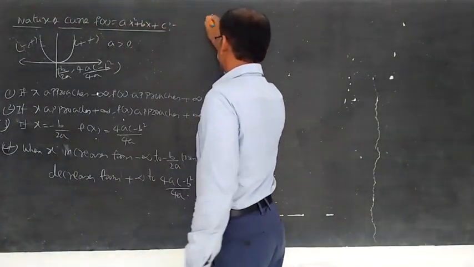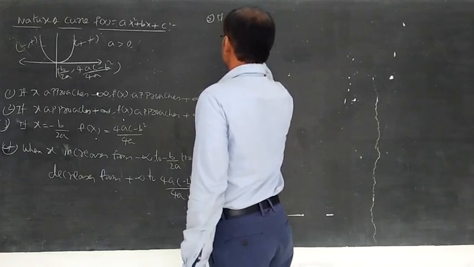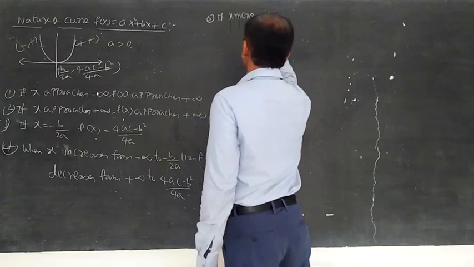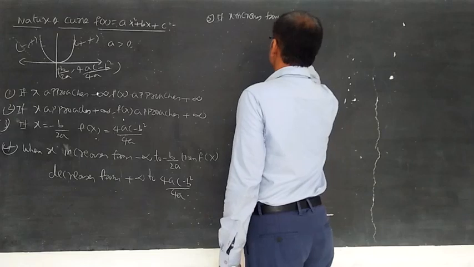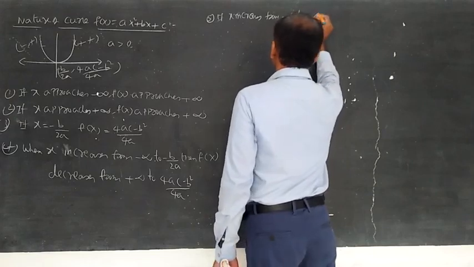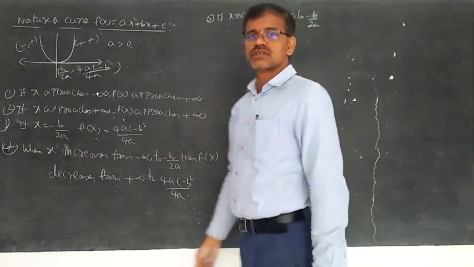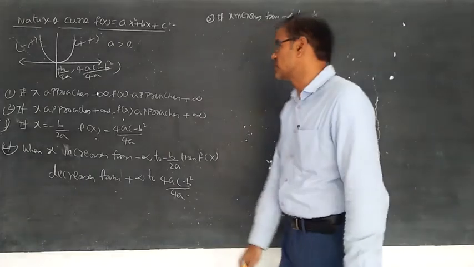Fifth point: if x increases, plus side concept, and if x increases from minus infinity to minus b by 2a, students, you can understand that minus infinity is so large, a lesser value than minus infinity.